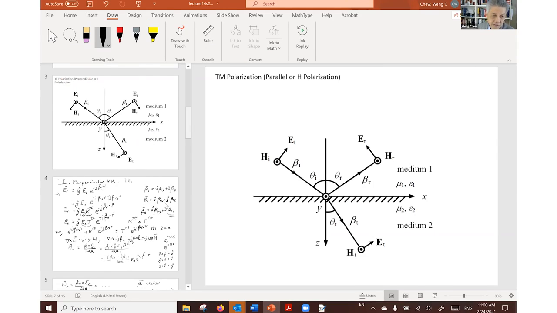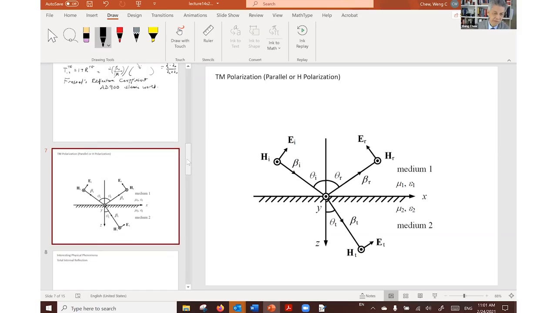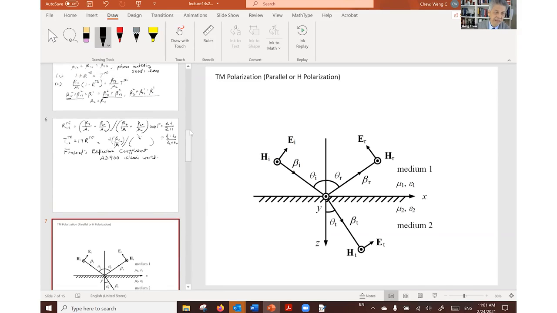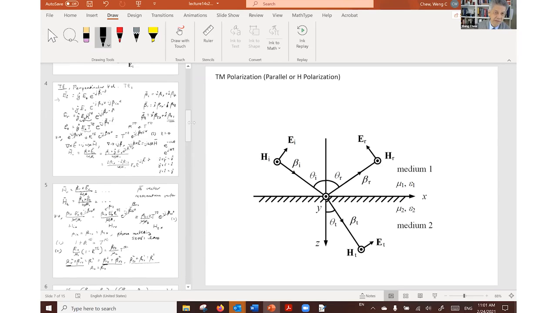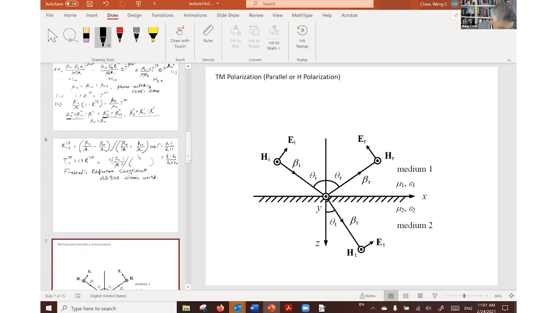Again, this figure is TM polarization, where the H field is perpendicular to the paper now. So the two problems are dual to each other, and we can apply the duality principle, and hence get the solution right away by duality.